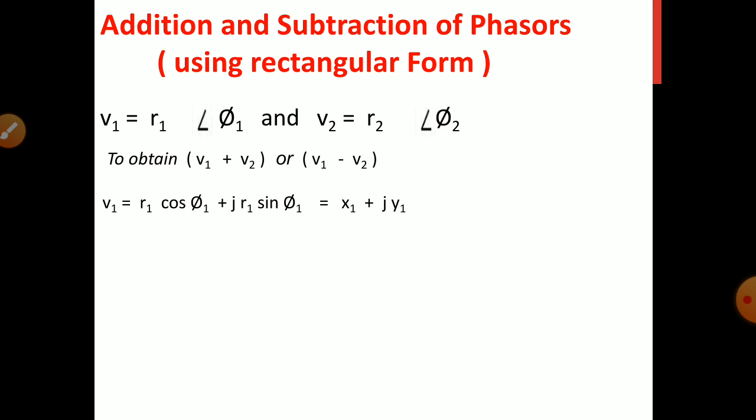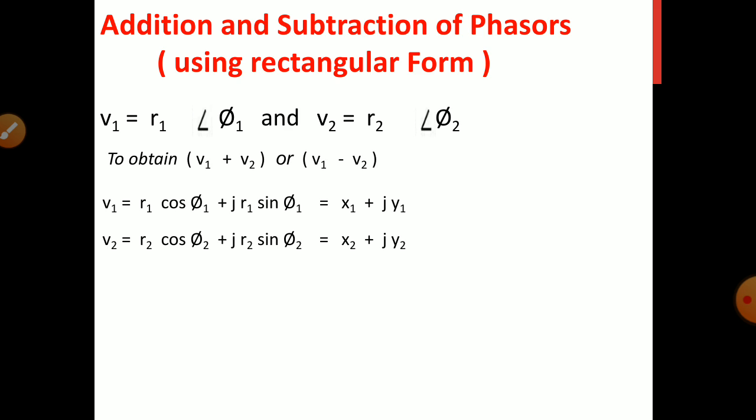So here we could write x1 plus j y1. Now x represents the real part and j y the imaginary part. Similarly we could write v2 also. v2 is r2 cos phi 2 plus j r2 sin phi 2. So put this in rectangular form, that is x2 plus j y2.